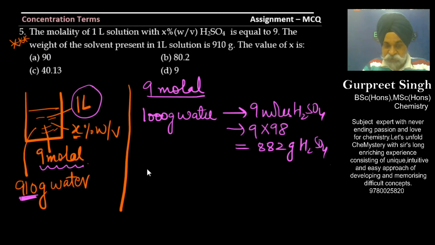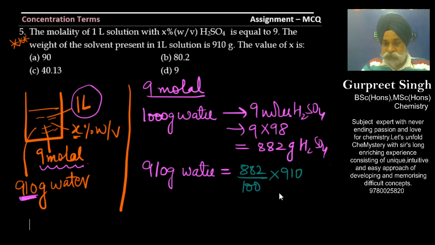So if I have 910 grams of water, how many grams of sulfuric acid do I have? It is 882 upon 1000 into 910, which comes out to be almost 802 grams of sulfuric acid.